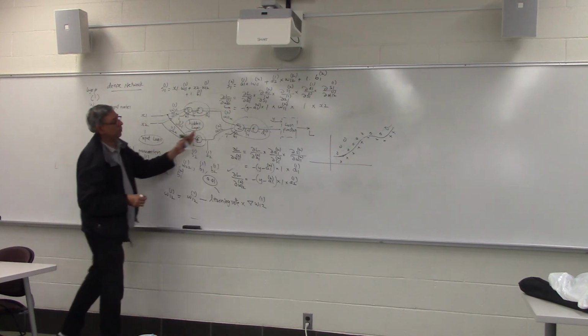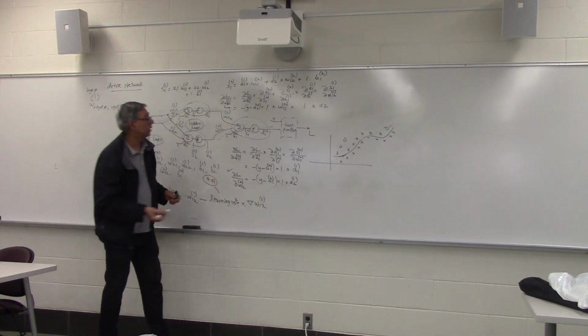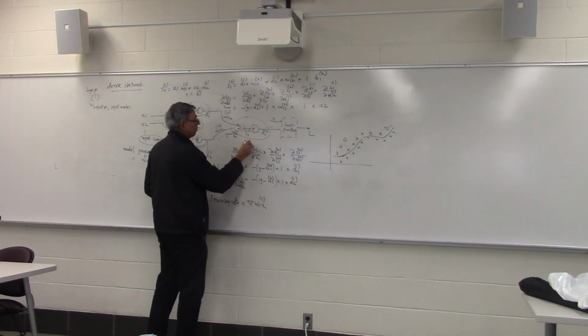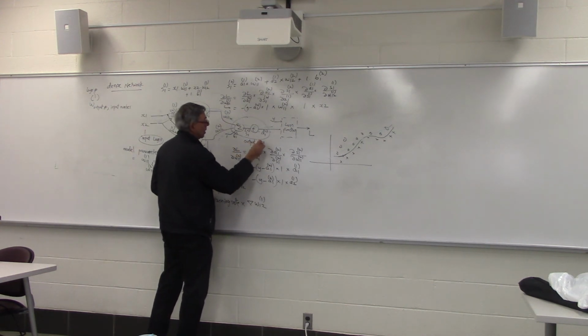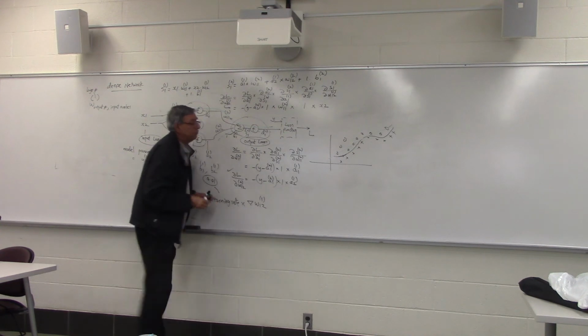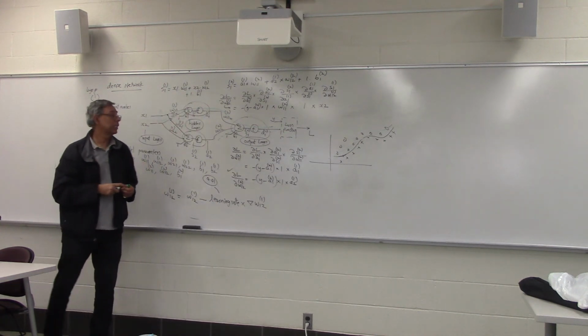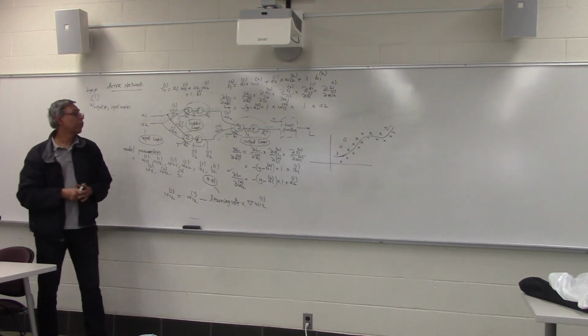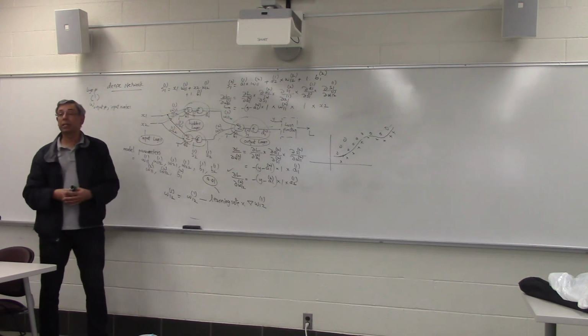Then whatever neurons we put in the output is called the output layer. If we want to create a nonlinear decision boundary, we have to have some hidden layer neurons.